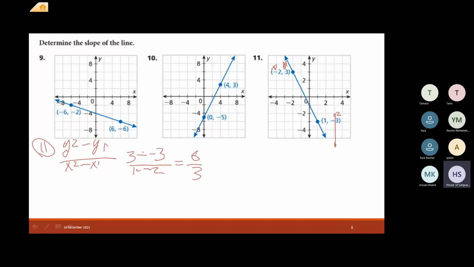3 minus negative 3 over negative 2 minus negative 1. Wait. 3 minus negative 3, which is 6. Negative 2 minus negative 1. Teacher, it will equal 2.